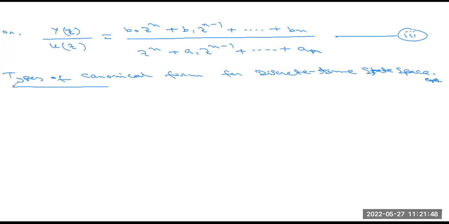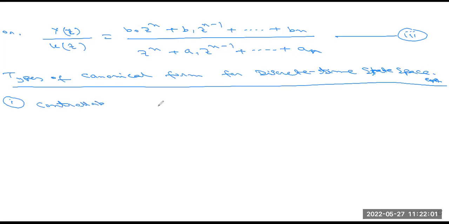Okay, so here four types of classifications are available. Number one, controllable canonical form. Number two, observable canonical form.